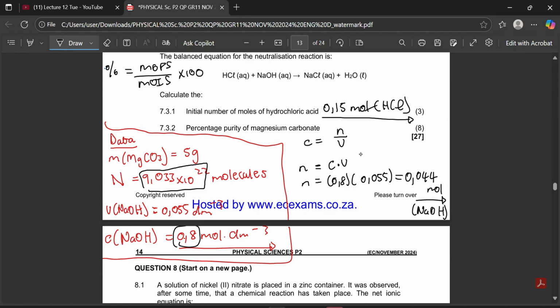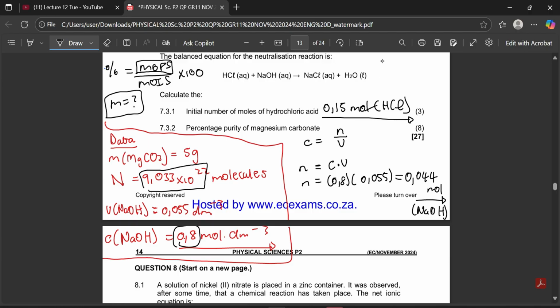So that's what we want to get. That is why we use everything of sodium hydroxide to get the mass of the pure substance, because it is the pure substance that actually reacts. So it's the mass of the pure substance over the mass of the impure substance times 100. So what I actually want is the mass of the pure substance, right? So I want this guy.